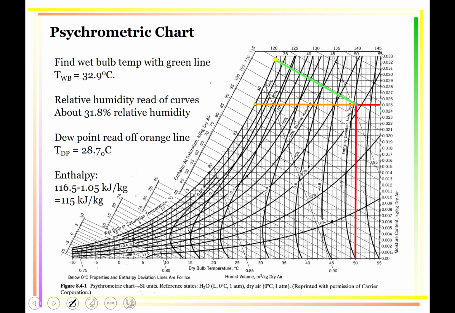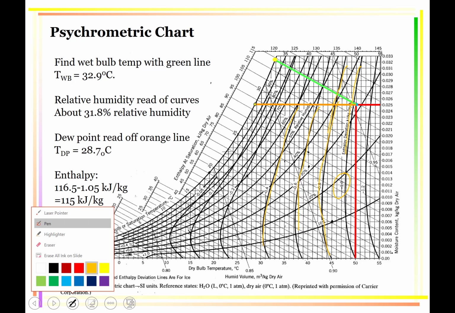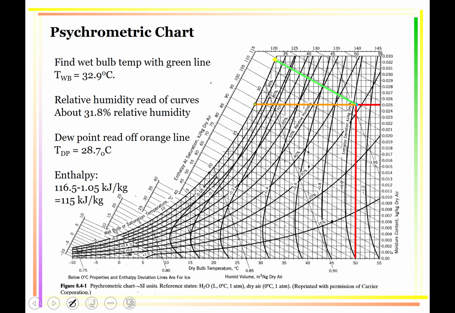enthalpy deviation. The enthalpy deviation is these curves coming this way. So our enthalpy deviation for our air is going to be between this one, which is -1, and this one, which is -0.8. Okay, so we're between -1 and -0.8.